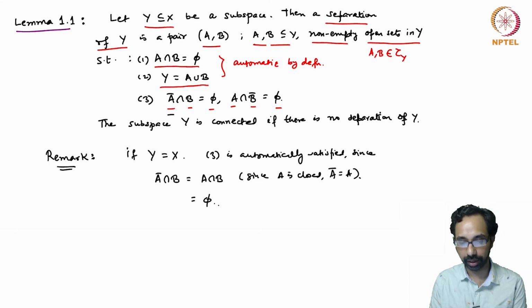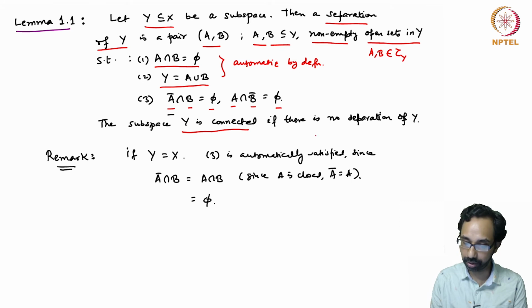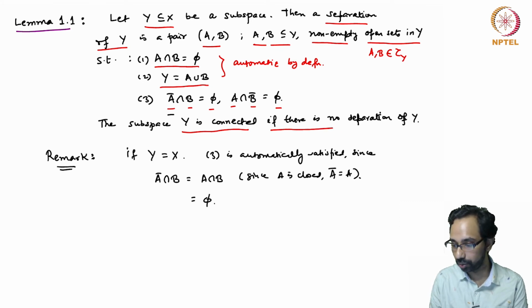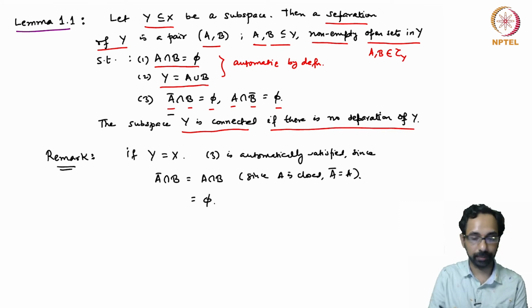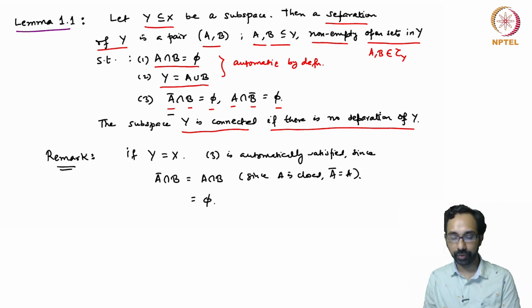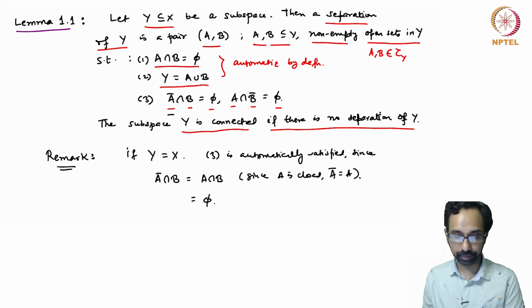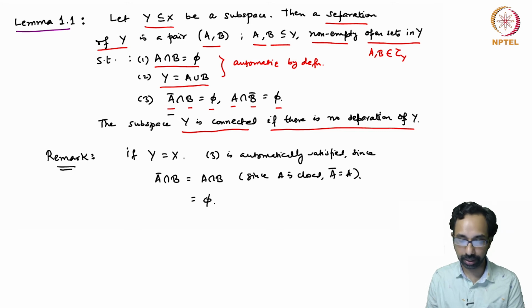but if Y is in general a subspace of X other than X itself, then we need to show that the third part is satisfied for a separation of Y. And the last part is simply saying that Y is connected, the subspace Y is connected in the subspace topology if there is no separation of Y. So this is of course by definition of connectedness.